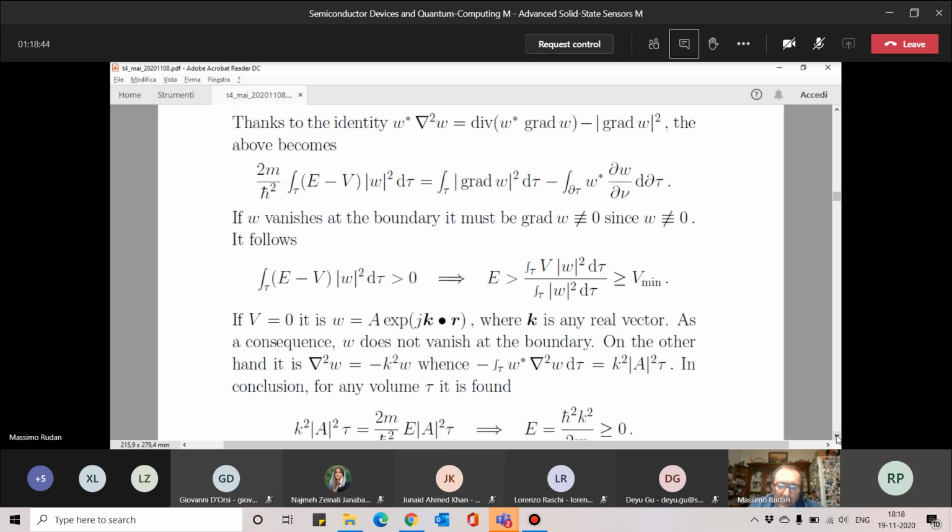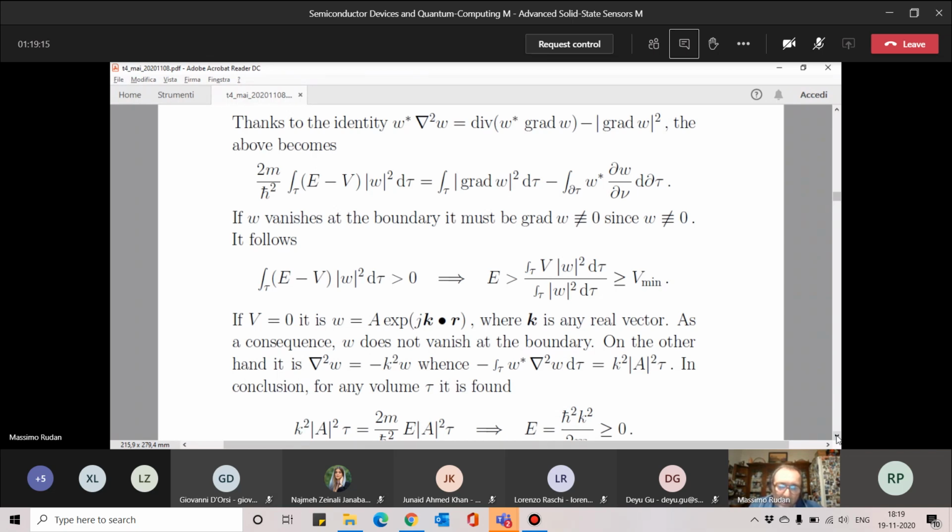Instead, the gradient of W inside the volume cannot be zero, because W is, by hypothesis, one of the possible eigenfunctions of the equation, and the eigenfunctions are non-zero, okay? So we discard the trivial solution of the equation that is W identically equal to zero, and we seek the solutions that are non-zero.